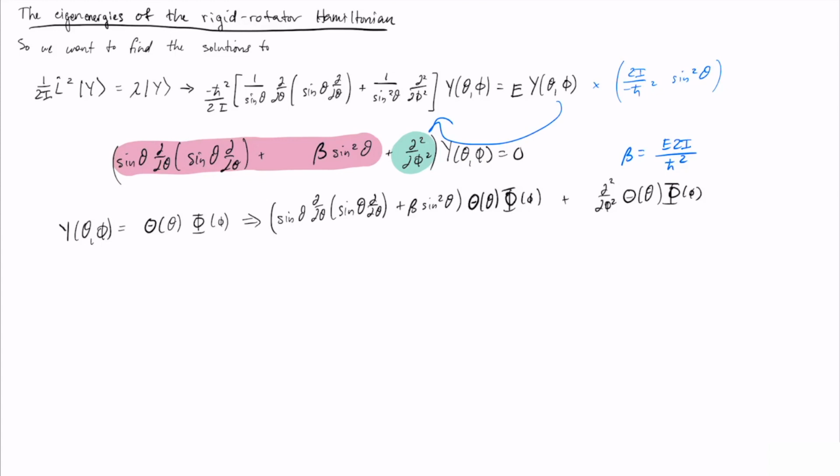All right, next we can make use of the fact that this first mini operator here only acts on theta, and the second one only acts on phi. And so for the first term here, we can pull the phi-dependent function out in front.